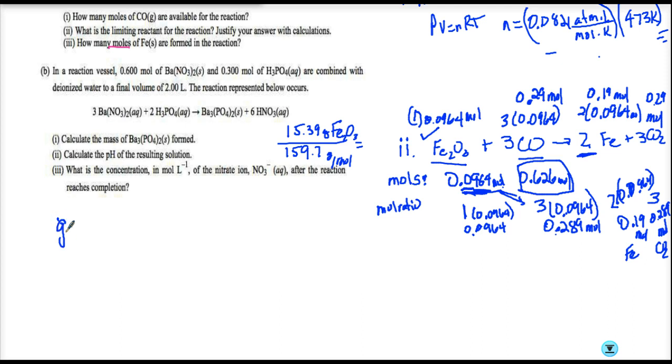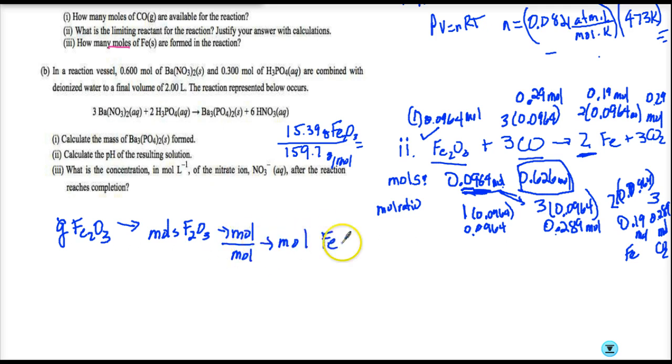You would have gone from grams of the Fe2O3 to moles of Fe2O3, to your molar ratio, and then 2 moles of the Fe.